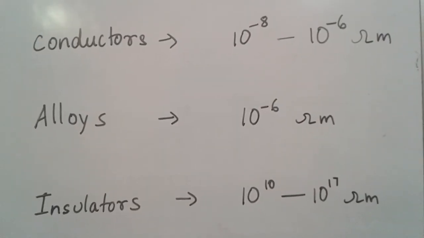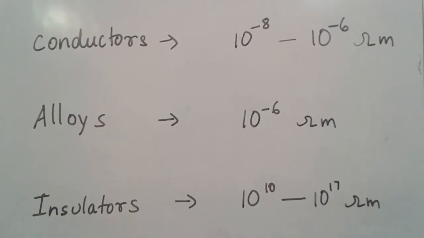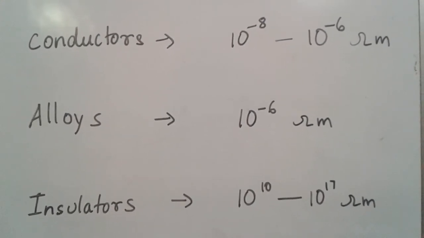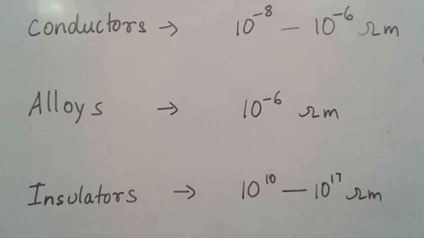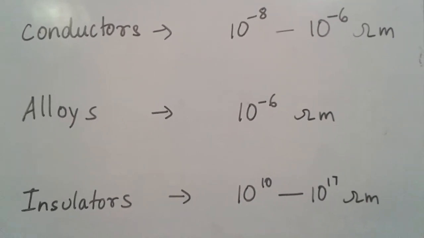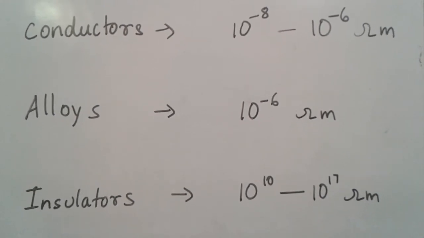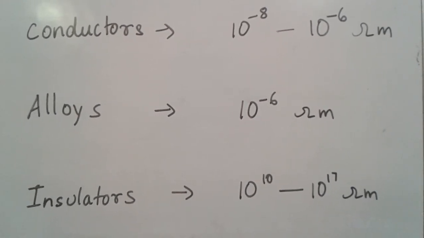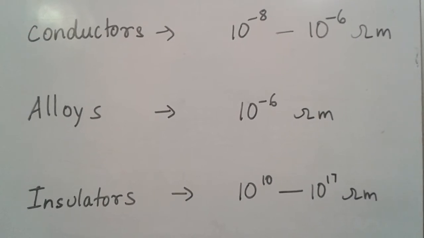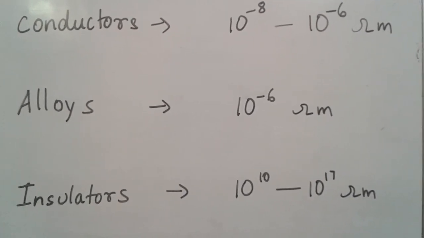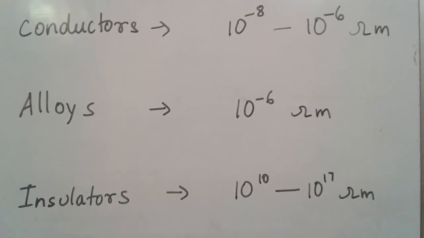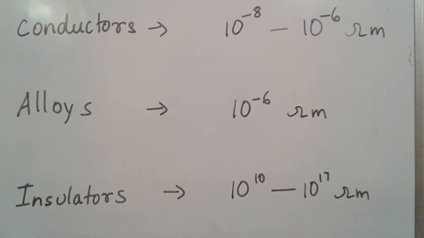Generally, conductors have a very low resistivity, 10 to the power minus 8 to 10 to the power minus 6 ohm meter. Alloys generally have moderate resistivity, around 10 to the power minus 6 ohm meter, and insulators have a very high range of resistivity, that is 10 to the power positive 10 to 10 to the power positive 17 ohm meter.